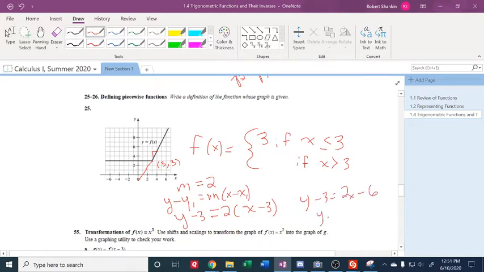Add 3 to both sides: y is equal to 2x minus 3. So that's what's going to go right here. Now, when I had extended this down, I was a little bit inexact. It should have come down a little more and struck the axis lower. And so that's going to be the piecewise function.